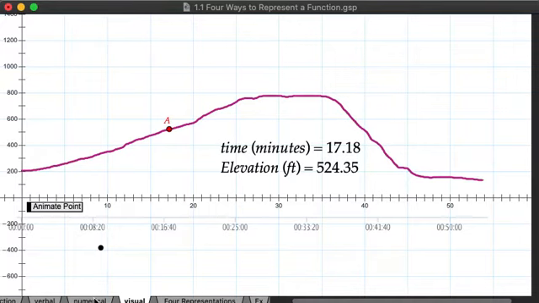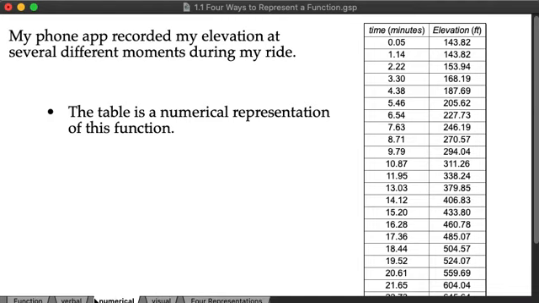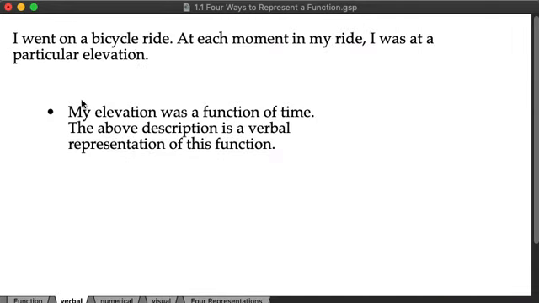So each of these descriptions and representations of this same function were really the same function. All of these representations give you some different information, and they are all useful and they go together.